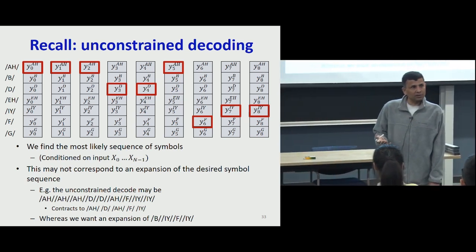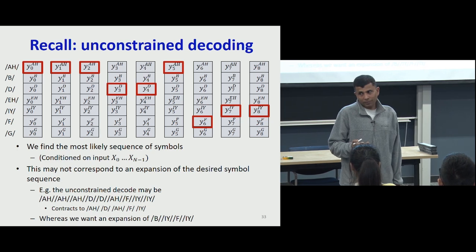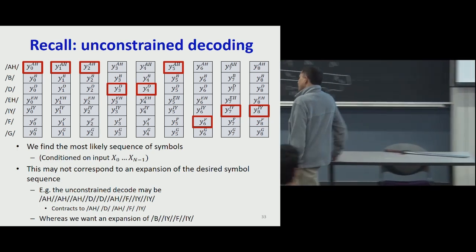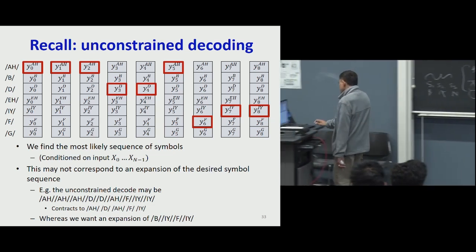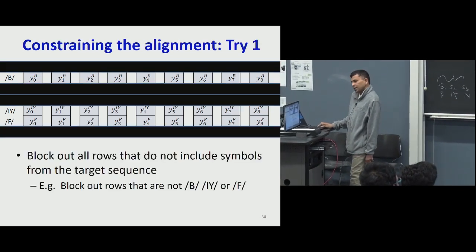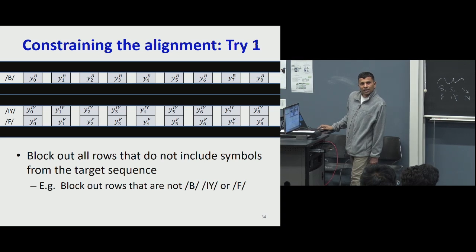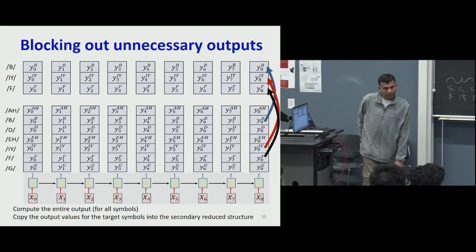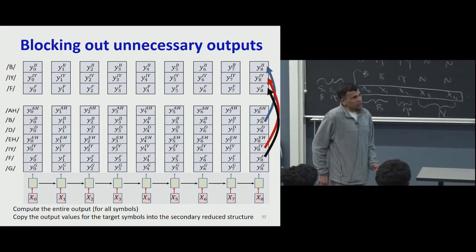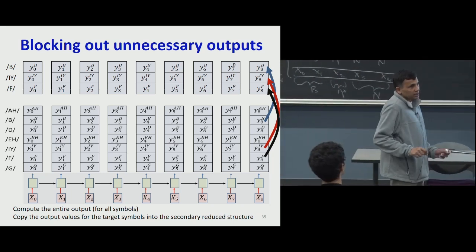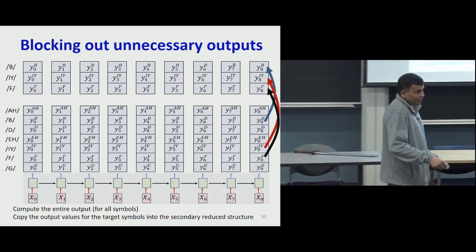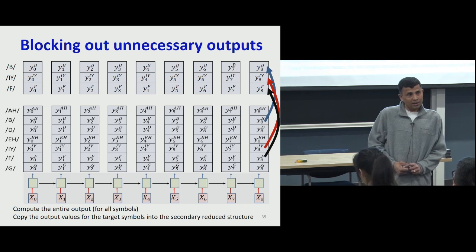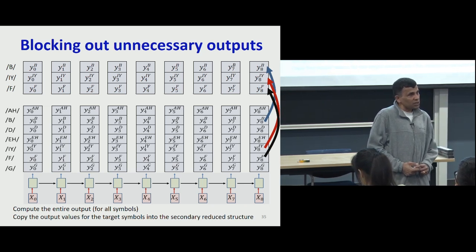Suggest a solution. So I'm going to knock all of these guys out, blank all of these guys out. So these are the only symbols that I have left. I started off with my original table. I yanked out just the rows corresponding to the symbols that I'm interested in, computed a reduced table, and then I can pick the most likely symbol at each time from this one.